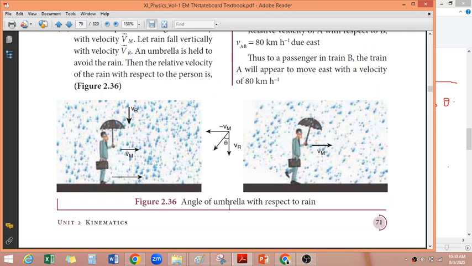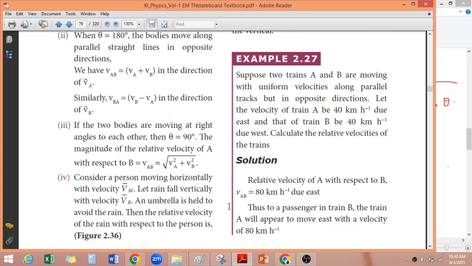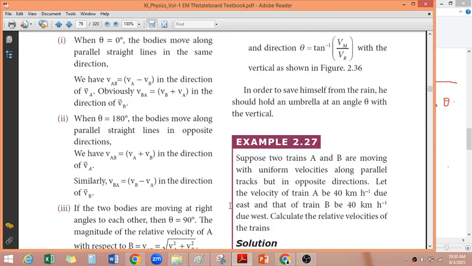Very often you will get this umbrella and rain problem. Okay, let's see.